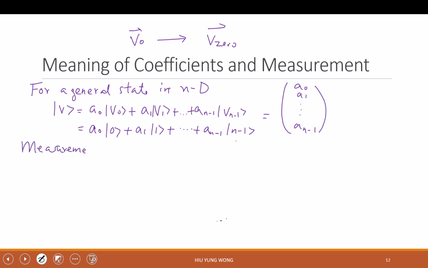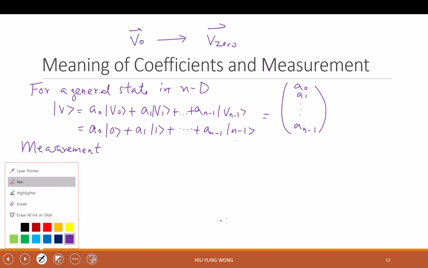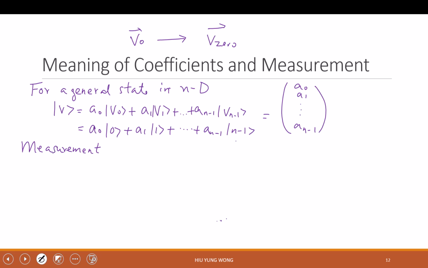Do you remember? This is actually not much of a new thing to learn. What happens when you do a measurement on this state? Measurement, it will collapse. Collapse to what? Collapse to one of the basis states.